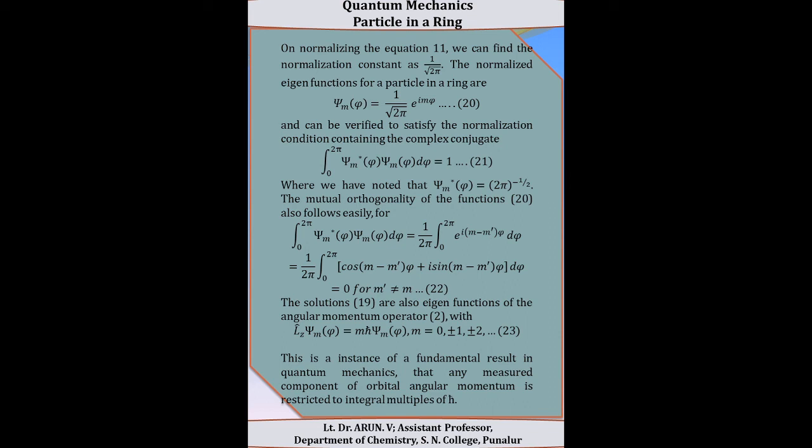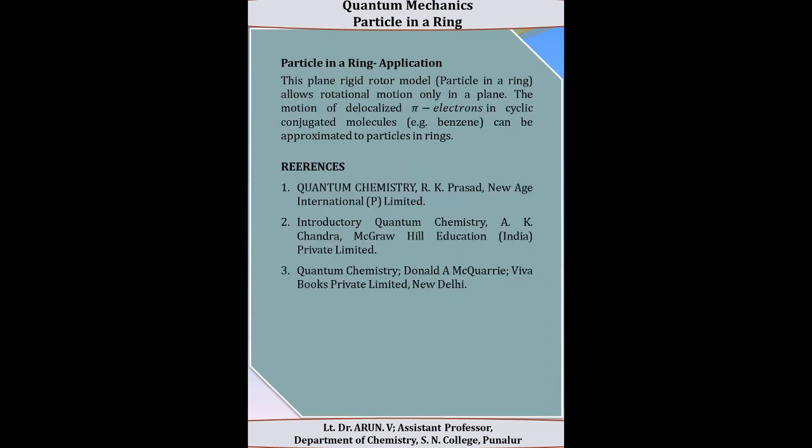The solutions of equation 19 are also the eigenfunctions of the angular momentum operator Lz, that is, operator Lz into psi m phi is equal to m into h cross psi m phi, where the value of m is 0, plus or minus 1, plus or minus 2, etc. This is an instance of a fundamental result in quantum mechanics that any measured component of angular momentum is restricted to integral multiples of h cross.